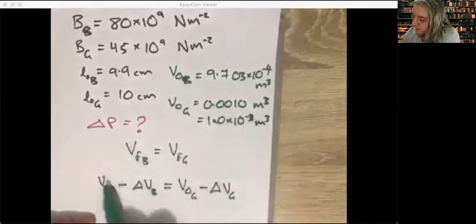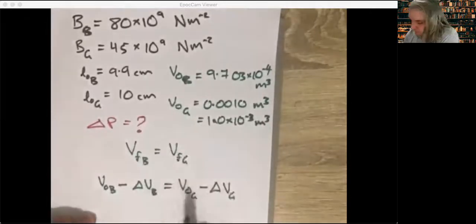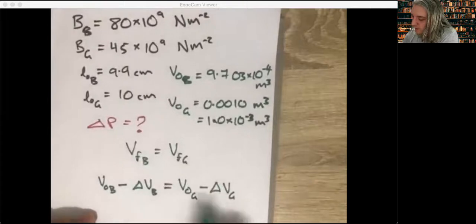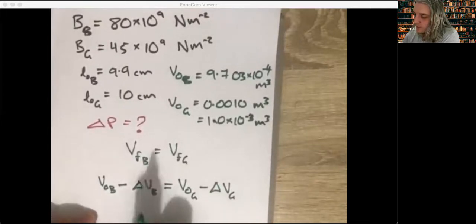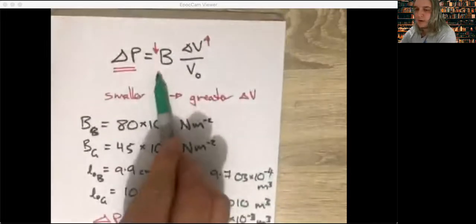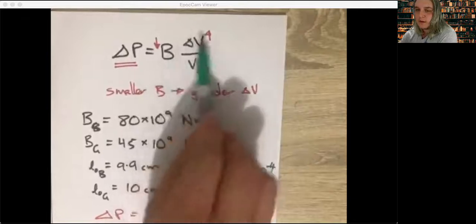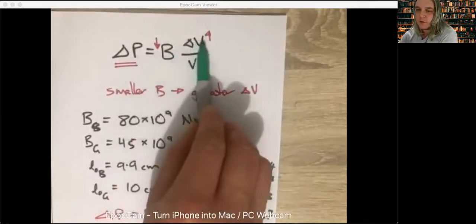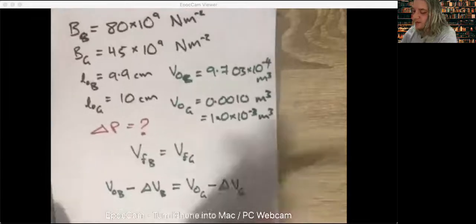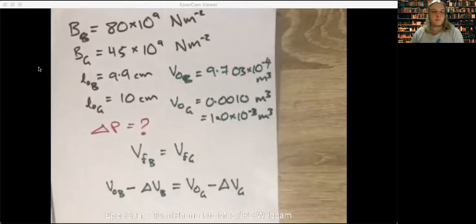We already know these two values; we just calculated them. We don't know the change in volumes for either one yet, but we do know our formula that involves the bulk modulus gives our change in volume based on the change in pressure. So we can substitute in some equations there.